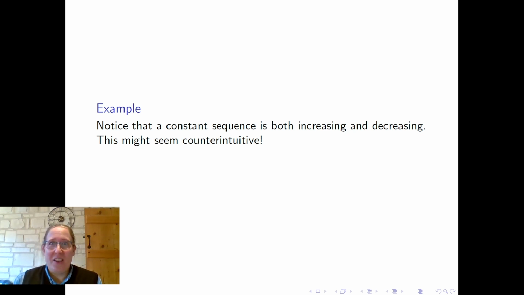It just turns out that it's really helpful to include constant sequences and sequences that are constant for a bit and then keep strictly increasing or whatever. It turns out to be helpful to include those as increasing. And then if we mean strictly increasing, we've got the word strictly increasing to capture that idea. So just be aware that increasing might not completely match your intuition.